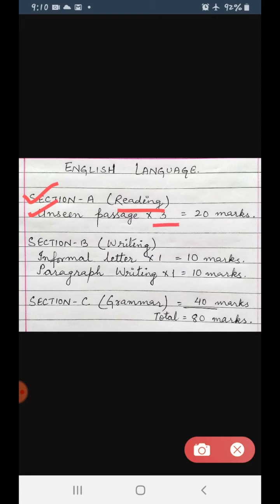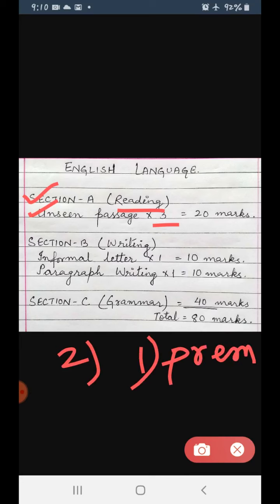That means you will get 3 unseen passages. 2 will be from your literature and 1 will be from your poetry. So the total weightage will be 20 marks.